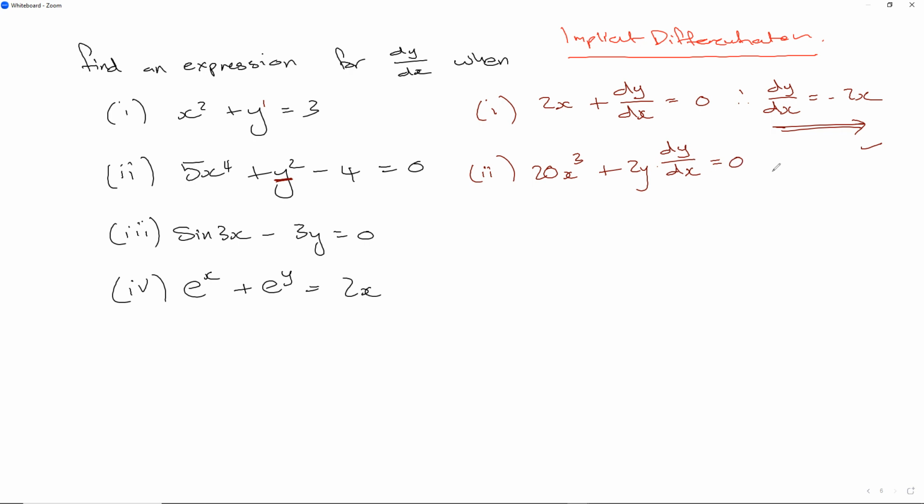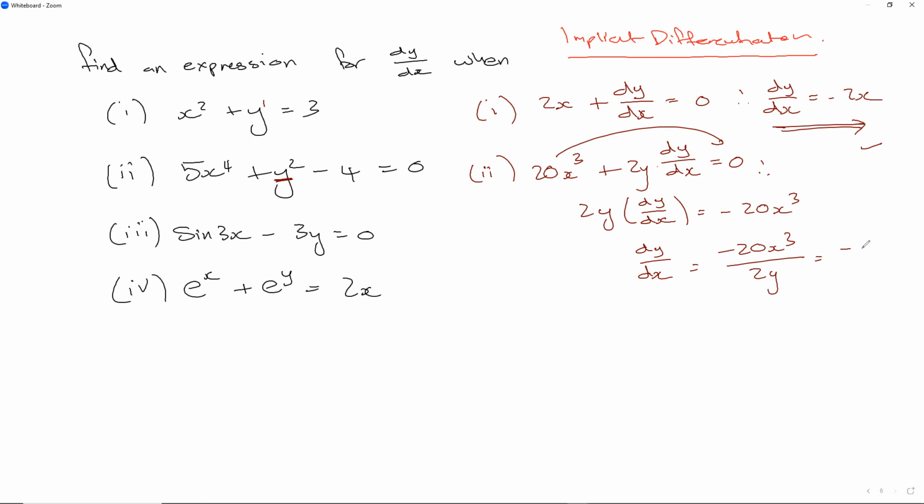So if I make this the subject of the formula, I will have to move this over to the other side, and I'll get 2y times dy/dx equals negative 20x cubed. And so dy/dx will be negative 20x cubed divided by 2y, which can simplify into negative 10x cubed over y.